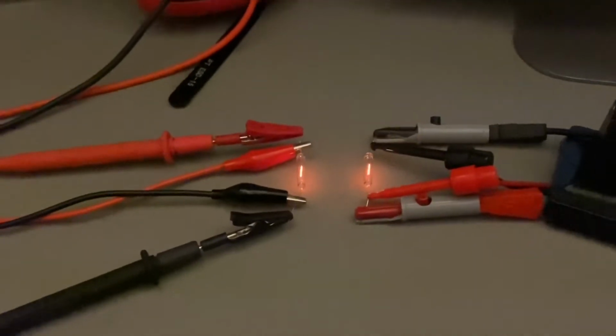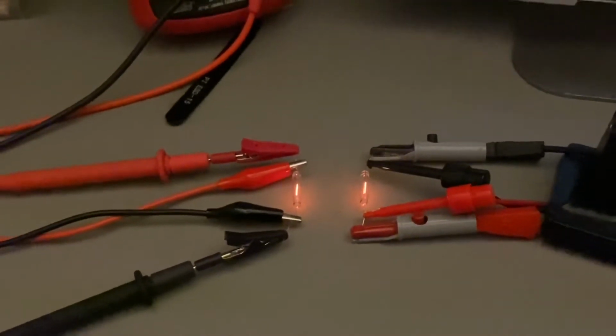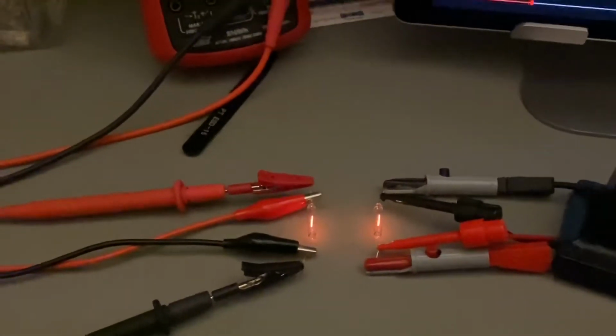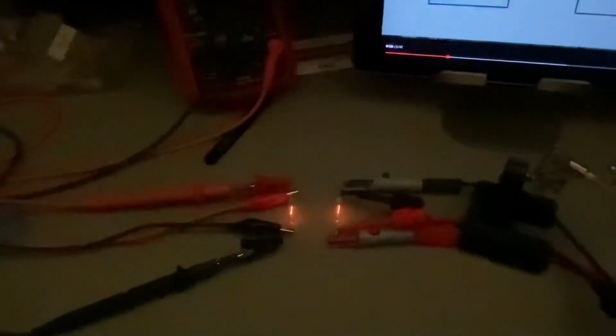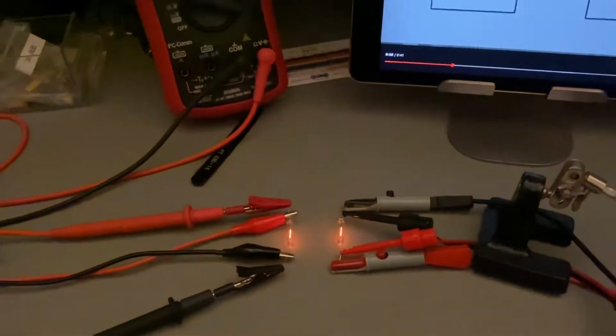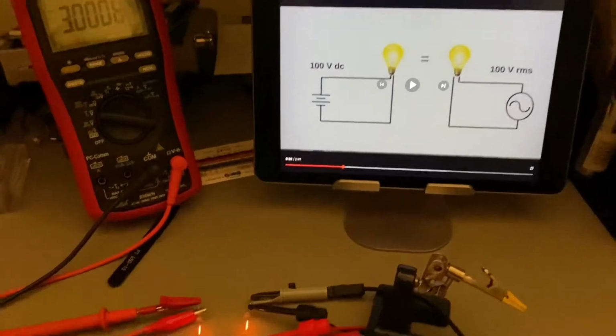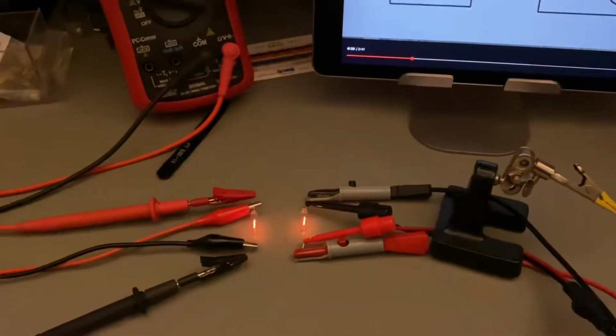So this experiment is telling us that it's true. It's demonstrating what was being said in this picture and by the theory.